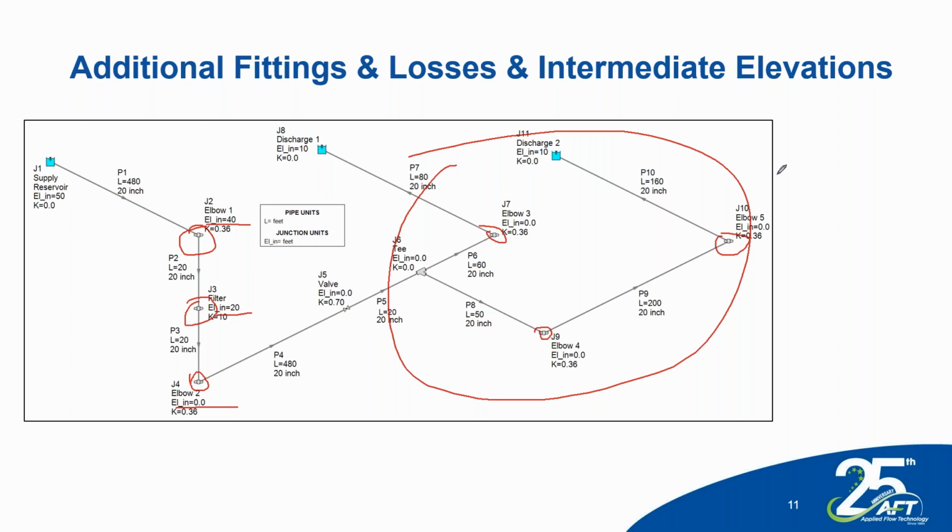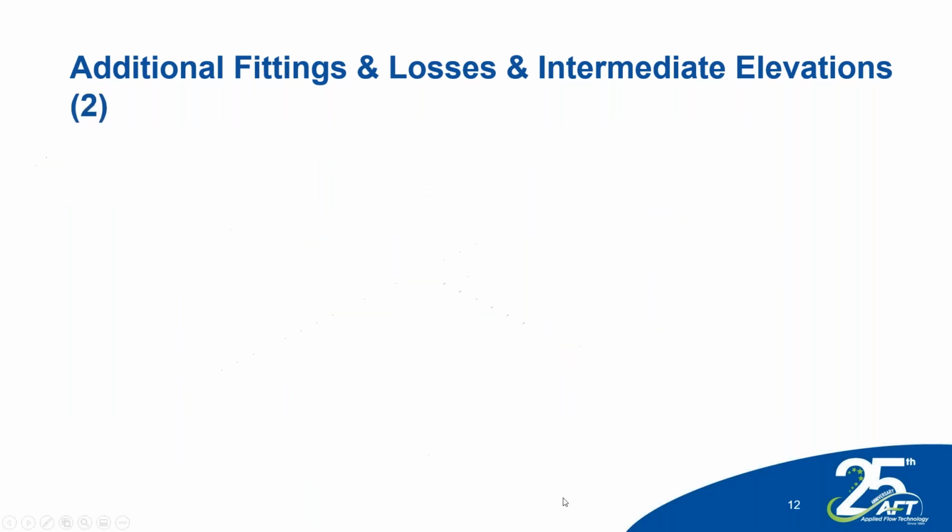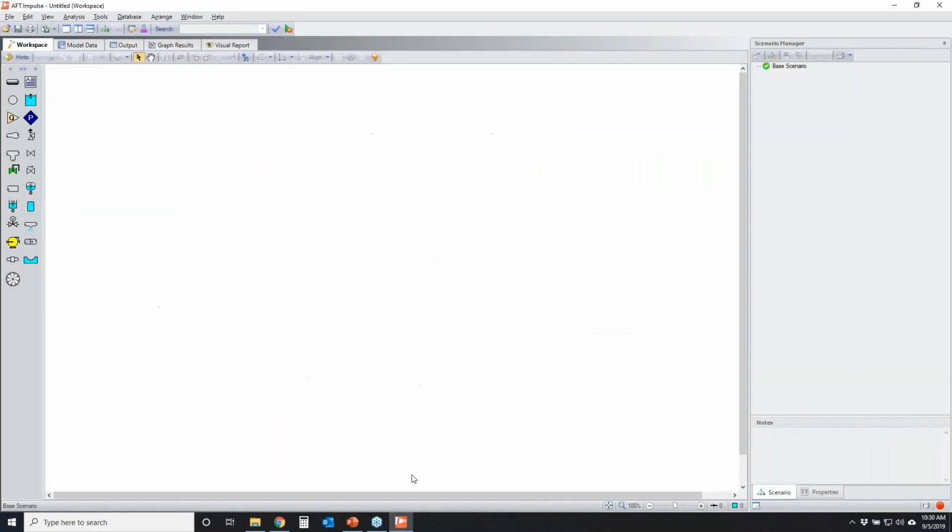So many times users might feel that they need to include every single fitting in their pipeline in order to get an accurate picture. That's just not true. You can dramatically simplify this system and still maintain a high level of accuracy. And so with that, are all of these junction fittings really necessary? No, they're not. So let me go ahead and open up a model really quick here.